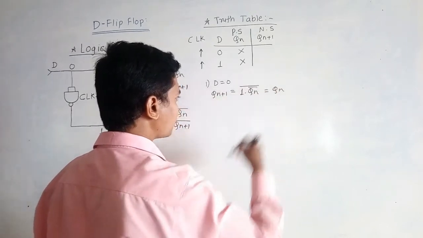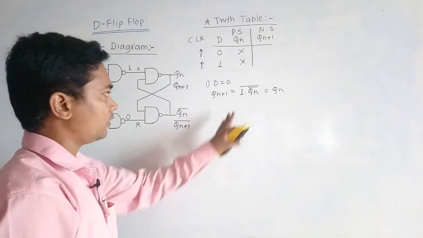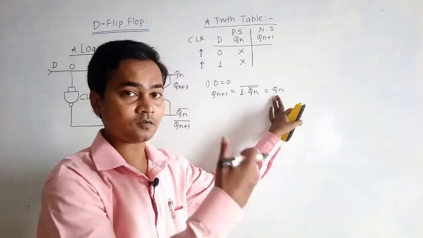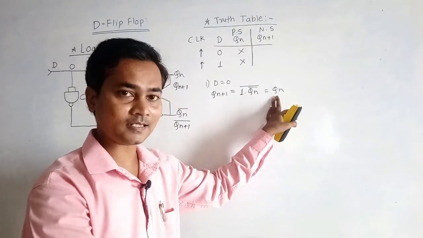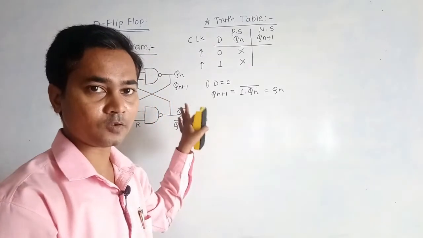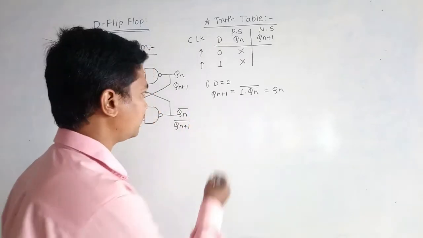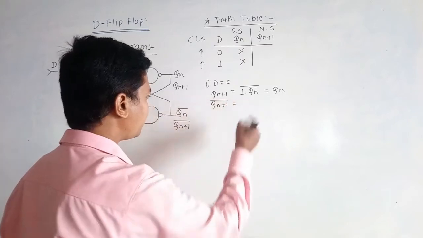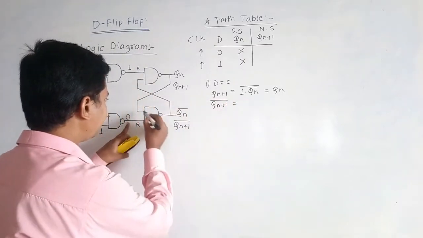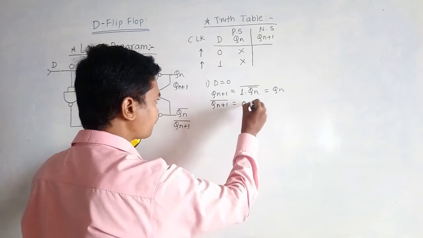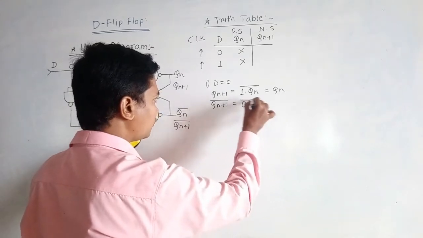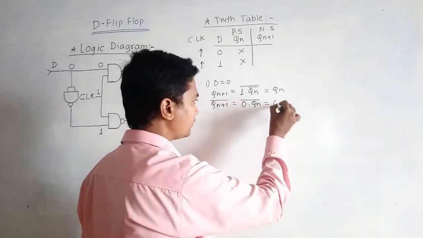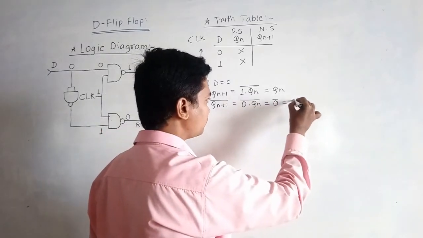Qn. Now Qn is not a fixed value, as we don't know the status of Qn. So that's why we go for the second output of the flip-flop, Qn plus 1 whole bar. Qn plus 1 whole bar will be 0 and Qn whole bar, which is equal to 0 dot anything is 0, bar is equal to 1.